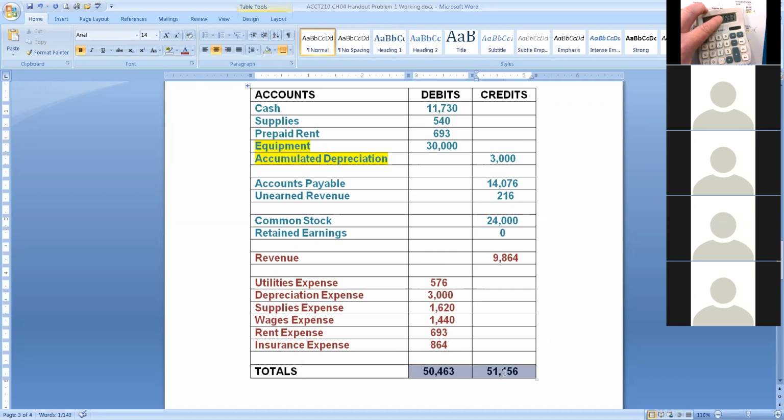But you can sometimes tell which ones you missed by subtracting them. So I made an error here of 693, so I'm assuming it's one of these two accounts.